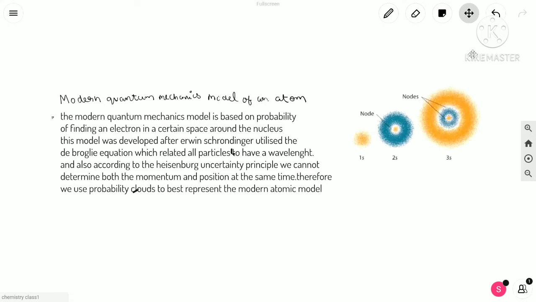This was given by the scientist Louis de Broglie, and he found out that every object is also a wave, and the wavelength of this object is inversely proportional to the mass of the object, which basically means that heavy objects have a very small de Broglie wavelength, and do not show as much wave properties as small masses.